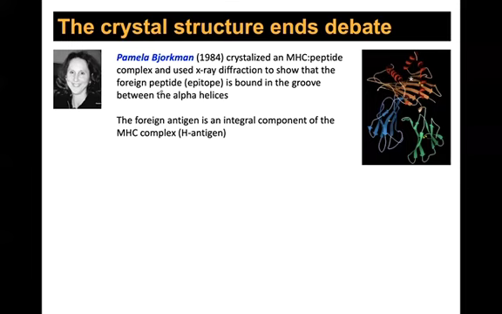They used X-ray diffraction to get the structure, and they showed that the antigen is bound in the groove of the MHC protein between the two alpha helices on the surface. This really put to rest the two receptor hypothesis. Instead, there's one receptor that's recognizing both the MHC, in terms of these alpha helices, and the peptide that's bound inside the MHC.